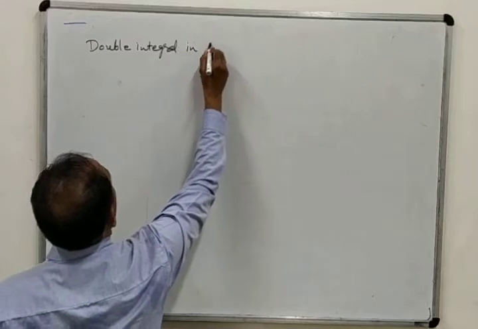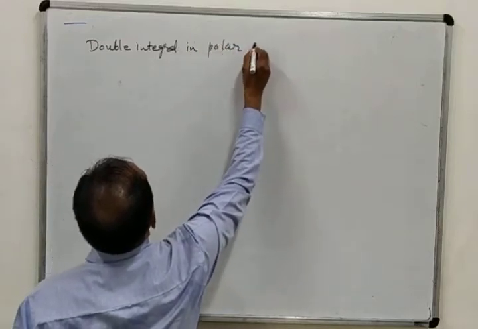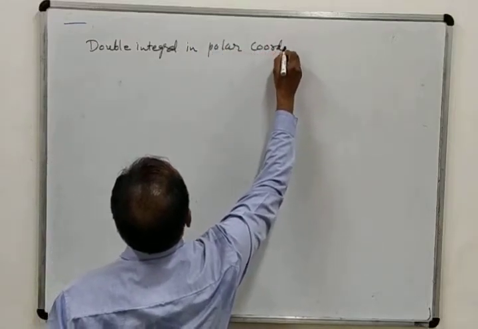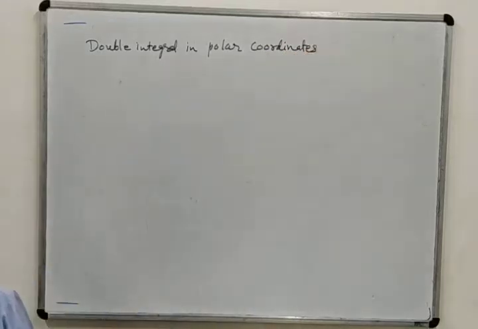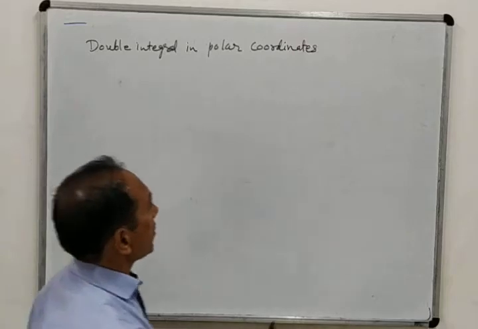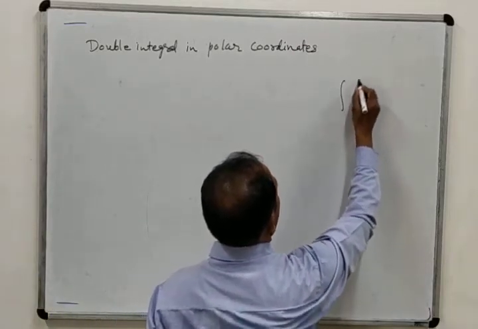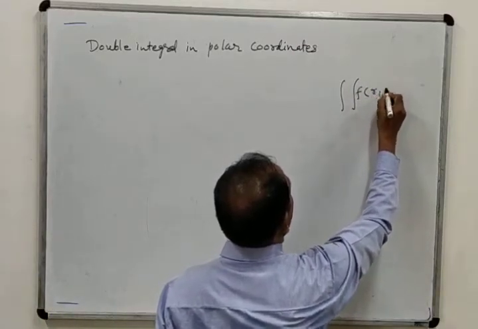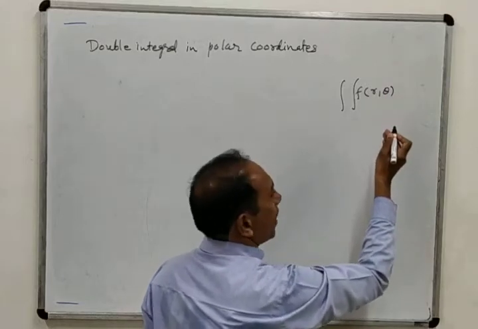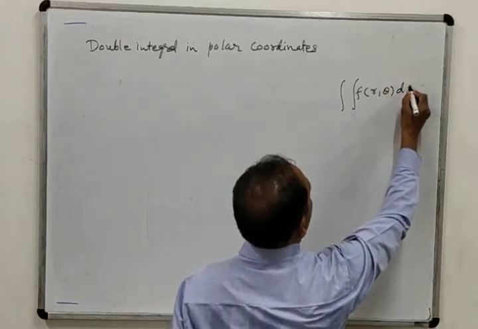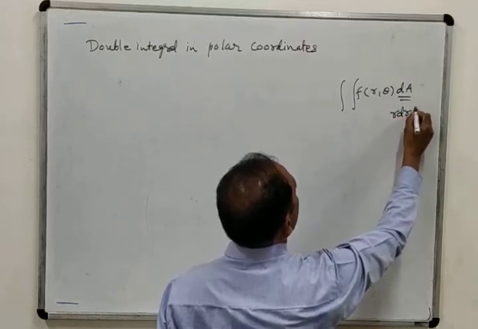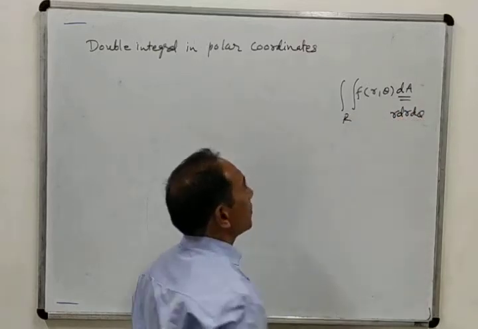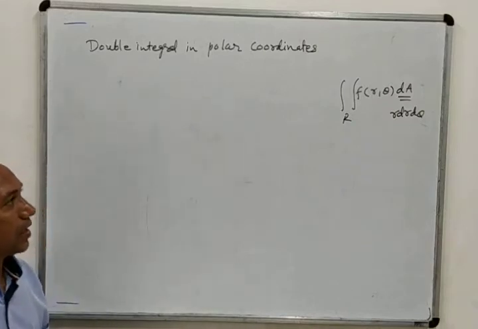There we have seen examples based on polar coordinates of this type: if the function is of r and theta, then we write dA, and dA is r dr d theta. This is solved on the region R.